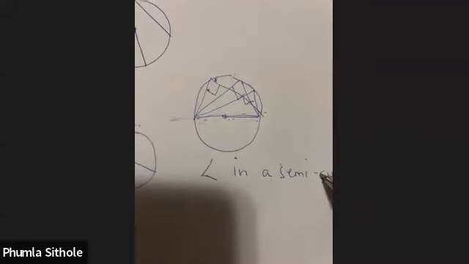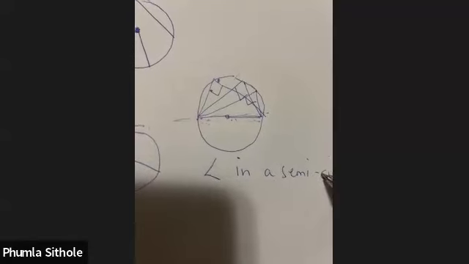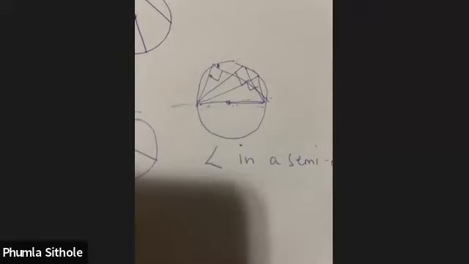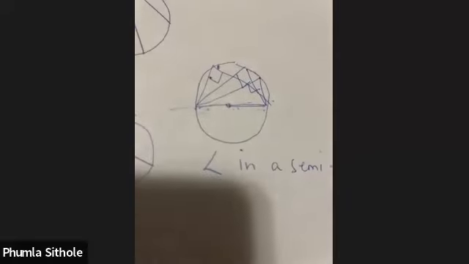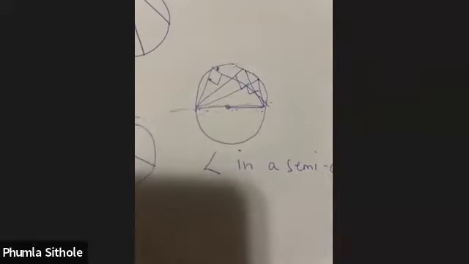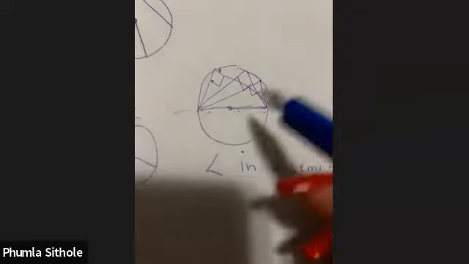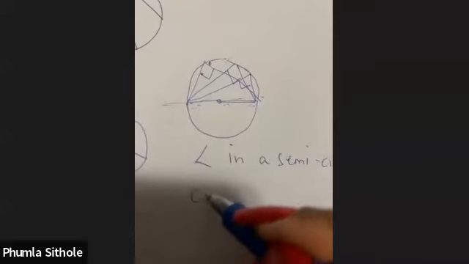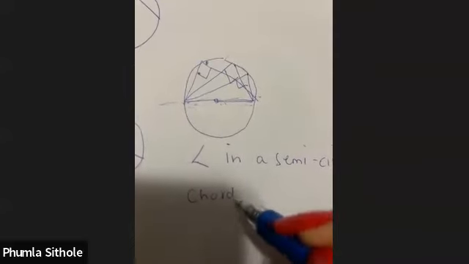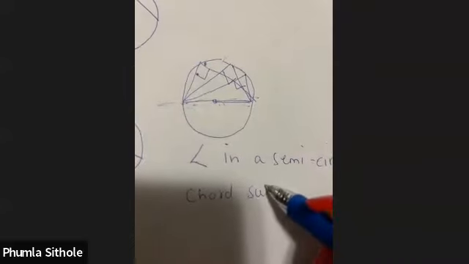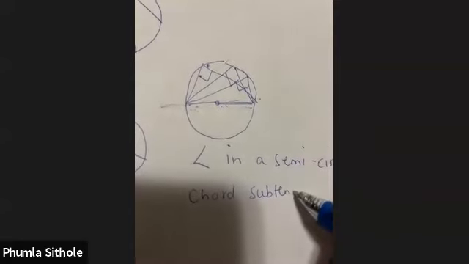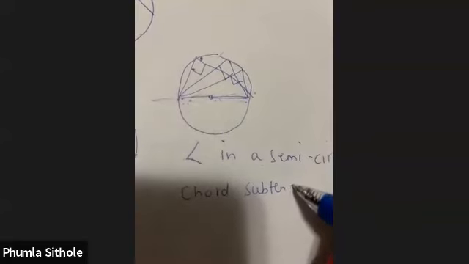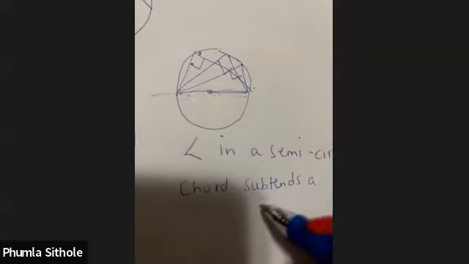Or there are two ways. You can also say chord subtends a 90 degrees angle, as you can see in the book they showed you, this is another reason. You can say angle in a semicircle or chord subtends a 90 degrees angle.